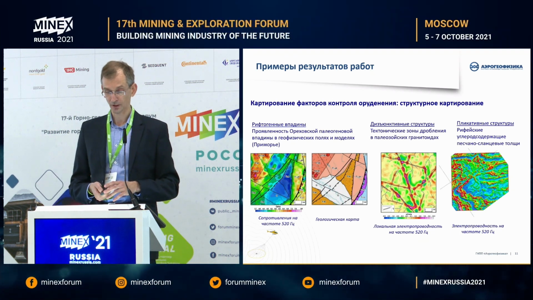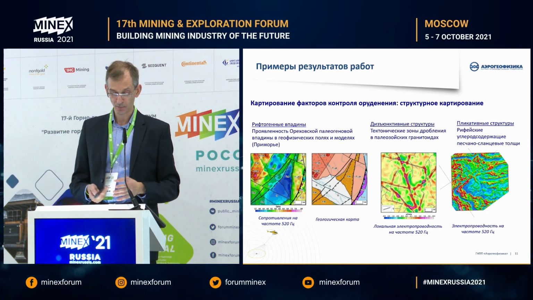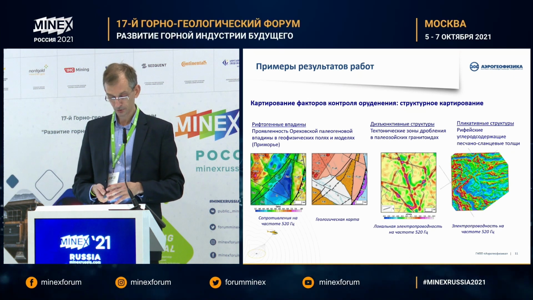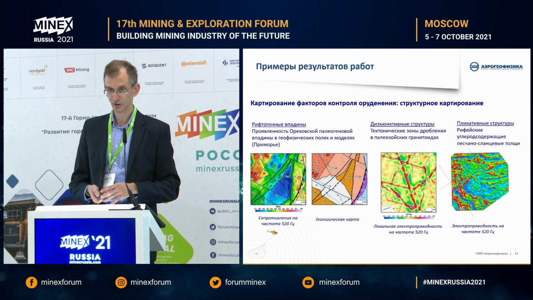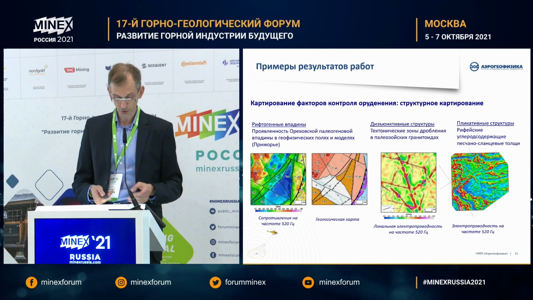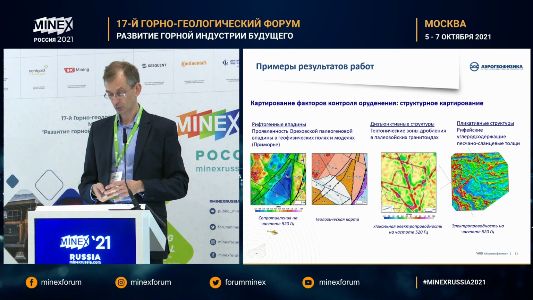Here you see certain examples of our work done. One of the key objectives is to check the mapping of the mineralization areas. We see how in the data of electrical exploration rift-gene depressions are shown, which are filled with loose rock and which show low resistivity.